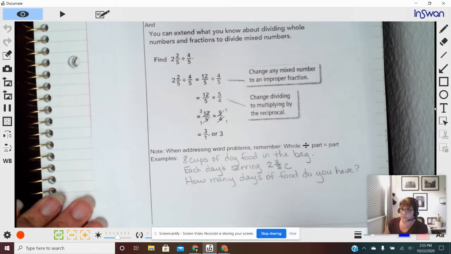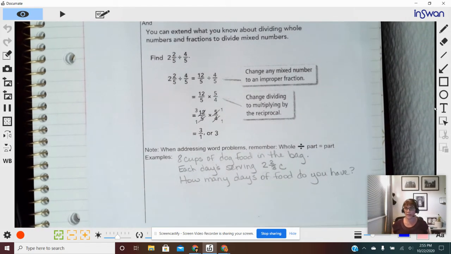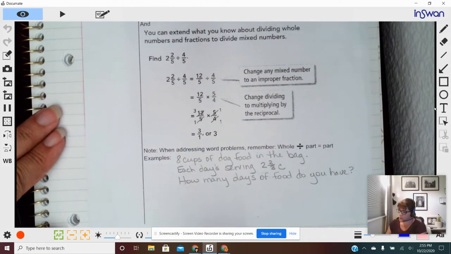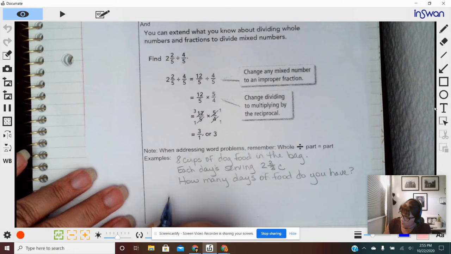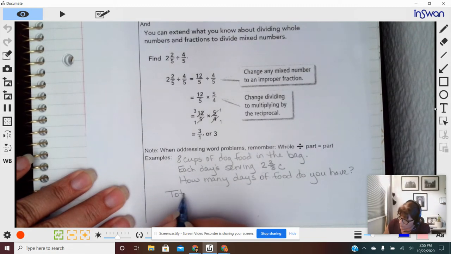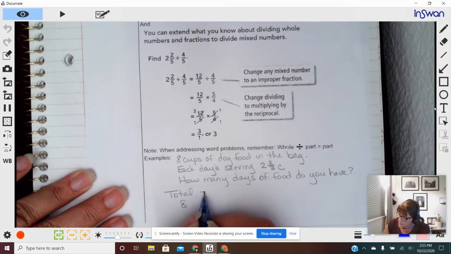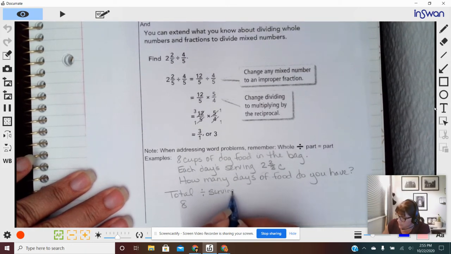Now, we've talked about some things like this in class. The pancake problem. In real life, we don't always want to go to the store that very second. Sometimes we really are figuring out, all right, I can make it a few more days and then go to Costco or wherever we need to go. So let's think about this. We have a total, which is 8, divided by servings.